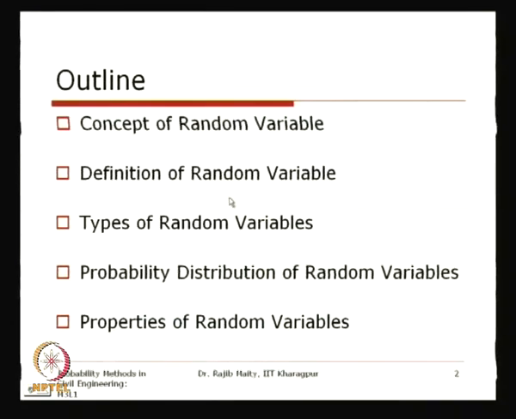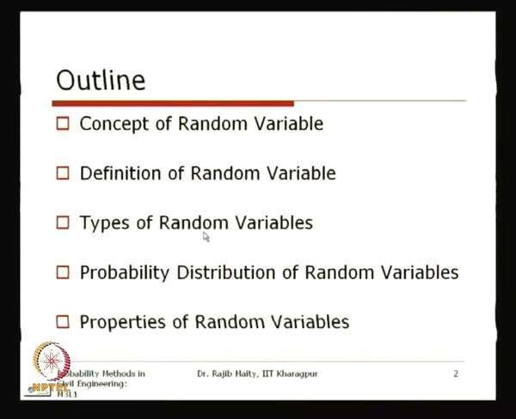So, our outline for today's lecture is arranged broadly like this. First we will discuss the concept of a random variable, and then we will understand the definition of a random variable. Then we will discuss different types of random variables and their probability distributions.